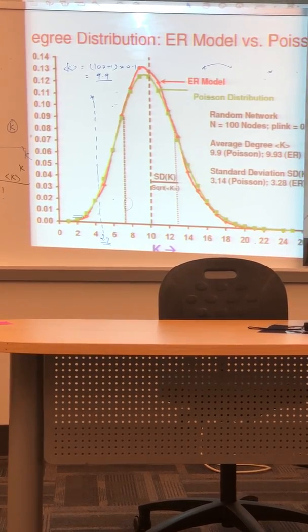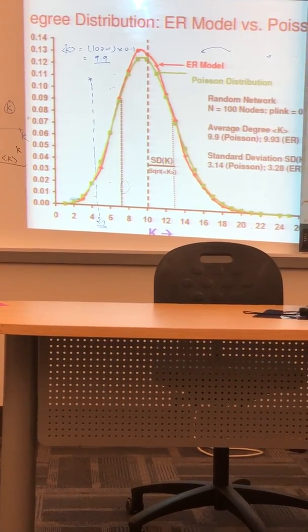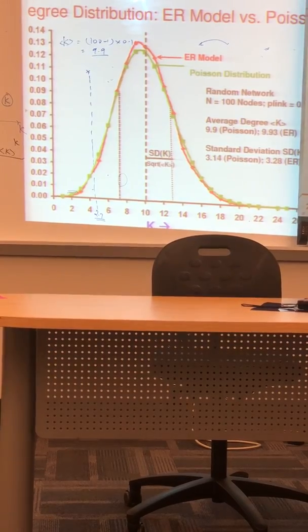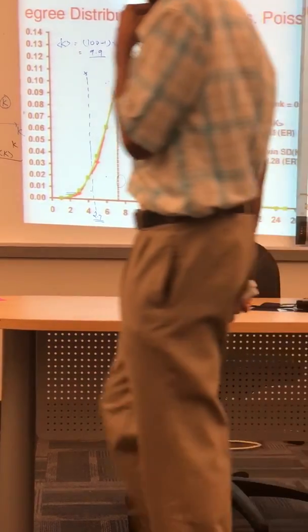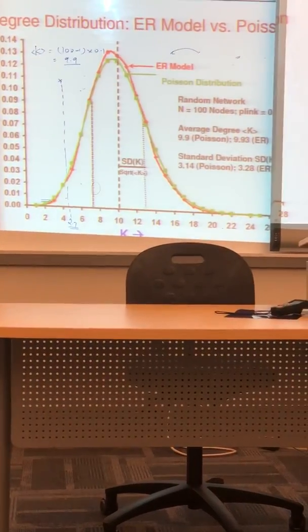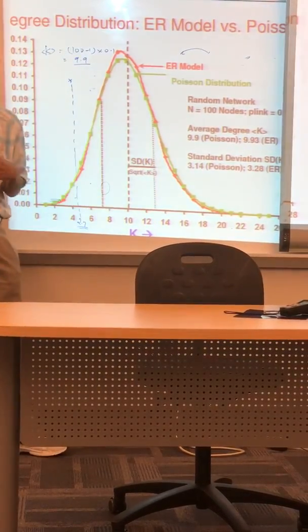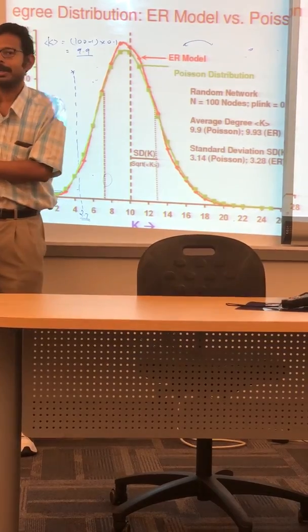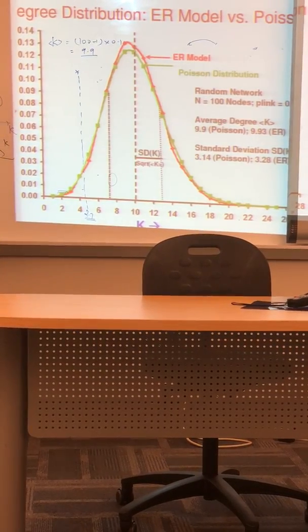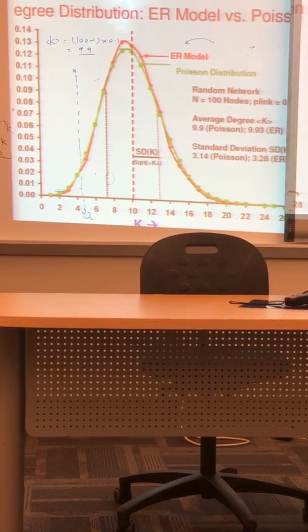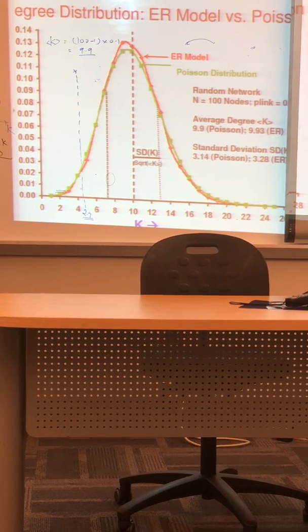Now, what is something you can say about the Poisson distribution? One thing is the standard deviation. Have you heard of standard deviation? It's a measure of variation in degree. If you have not heard of it, there's a mathematical formula to find it.